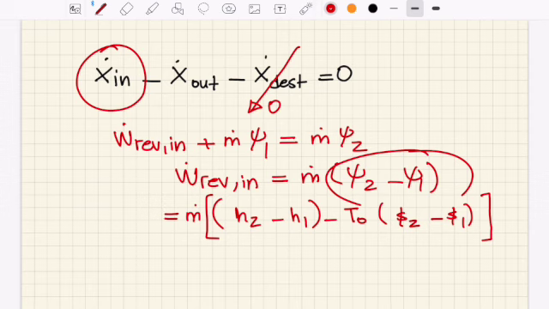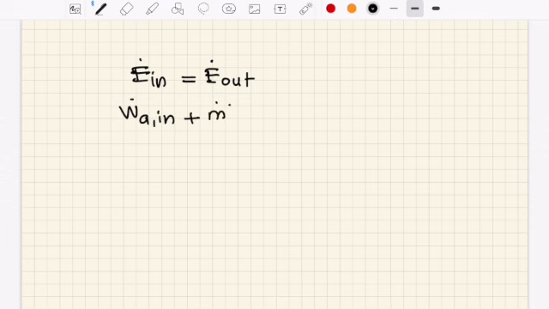Actually, if you write the energy balance for the actual device, you will be able to figure out the enthalpy at the exit. So let's do that. Let's write down the energy balance for the actual device for this steady flow open system. There's actual power, and then energy getting in with the mass and getting out with the mass.